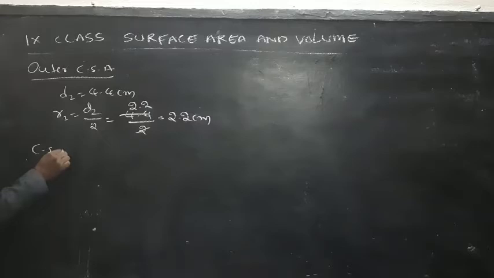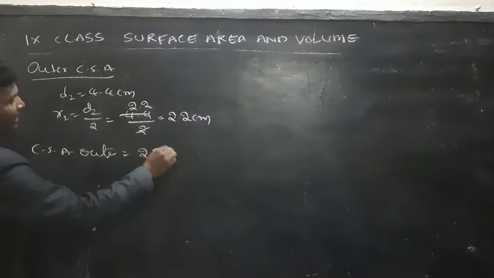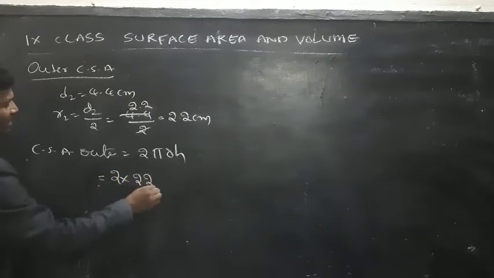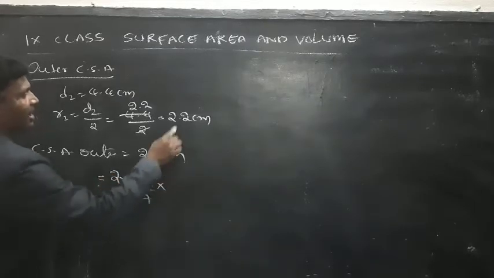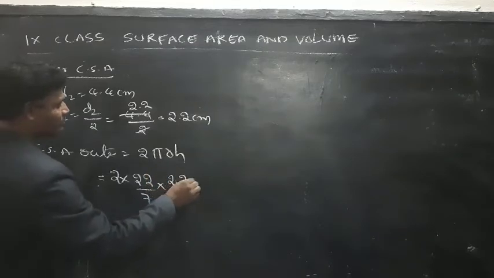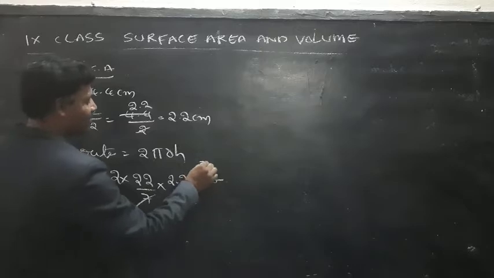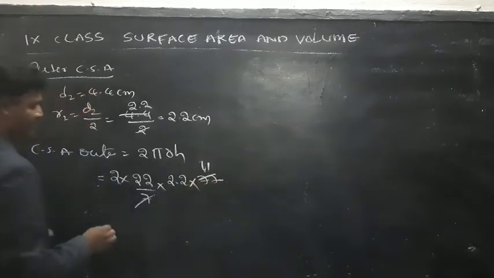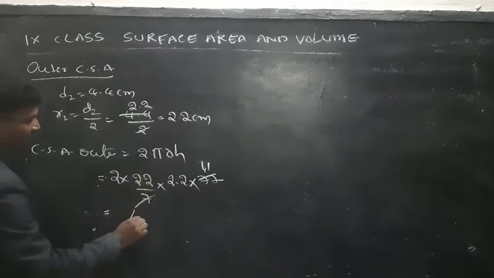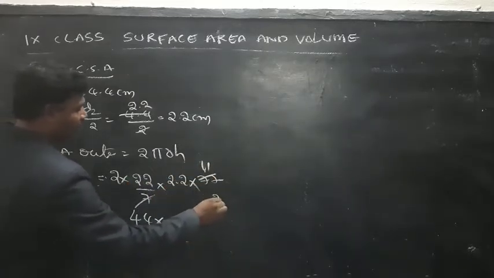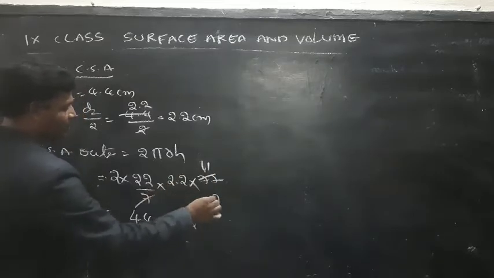Next, curved surface area of the outer cylinder is equal to 2 pi RH. 2 means 2, pi means 22 by 7, into R2, which is 2.2, into H, which is 77. 7 elevens are 77. This 44 into 11 twos are 22. 11 twos are 22 plus 2 is 24.